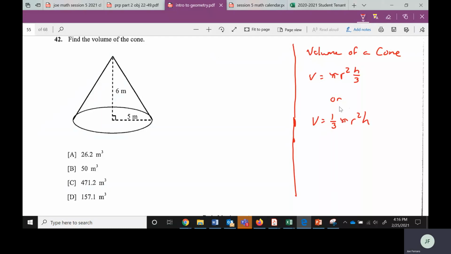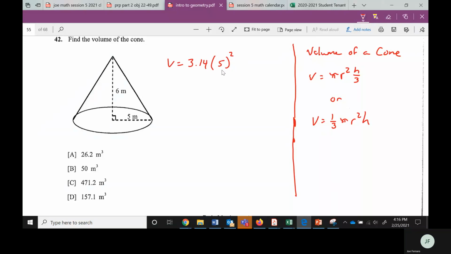So let's take a look here. So we do have a circle and we got to make sure we have a radius. So here's the formula. So we're going to use 3.14. R is 5. Now, if you could do that step in your head, of what 5 squared is, you could do that.